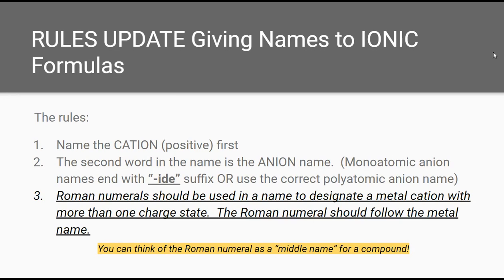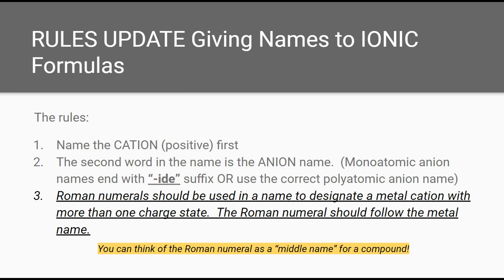So here's our rules update for giving names to ionic formulas. Name the cation or positive ion first. The second word in the name is the anion name. If it's a single element or monoatomic anion, that name will end with the IDE suffix, or you would simply use the correct polyatomic anion name.